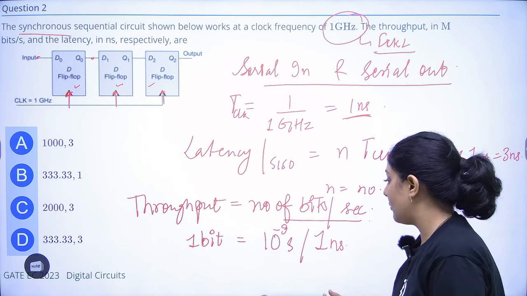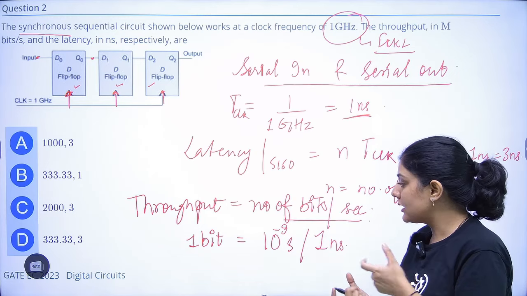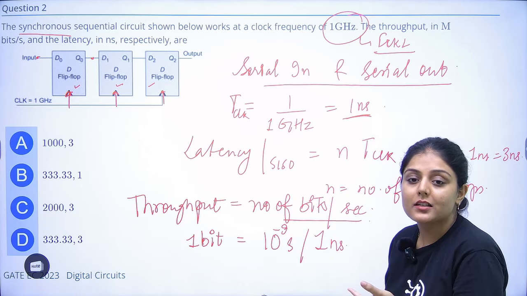So after one clock has passed, 1 bit is being transmitted. So 1 bit is taking 10 raised to power minus 9 seconds.